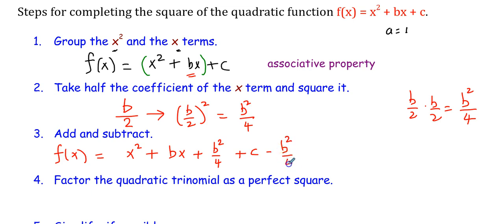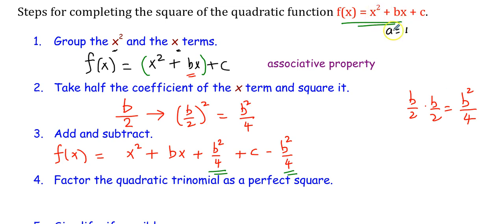See it here again, this piece, b squared over 4, is added and subtracted. To any given expression, we can add and subtract the same quantity without changing the value of the function.